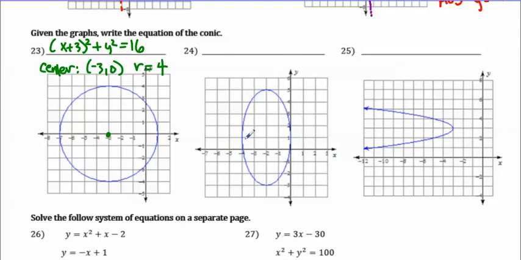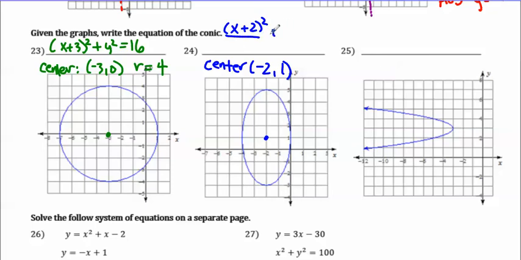Okay, here we have the ellipse. You can find your center. Oh, I should write the center. The center is at negative 2, positive 1. So it would be x minus negative 2, so x plus 2 squared.